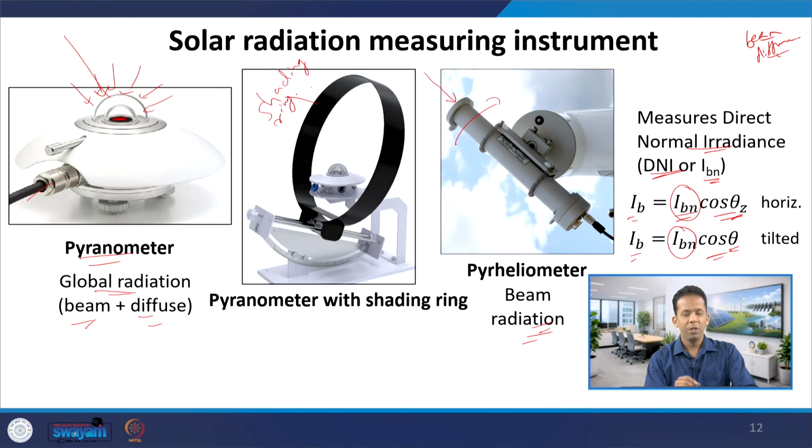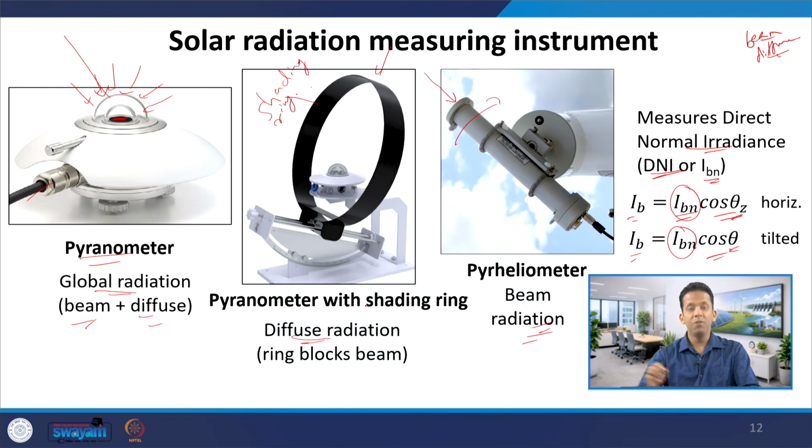Its job is to block the beam radiation from the sun and prevent it from falling on the surface of the pyranometer. So, it measures only diffuse radiation, because the ring is blocking beam radiation, and this ring keeps tracking the position of the sun. As the sun moves from here to here, the ring also moves along with the sun, so that for the entire day, whenever a measurement is made, it is blocking the beam radiation.